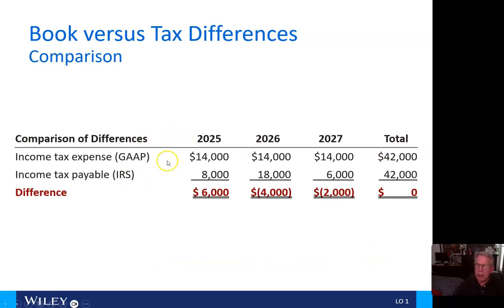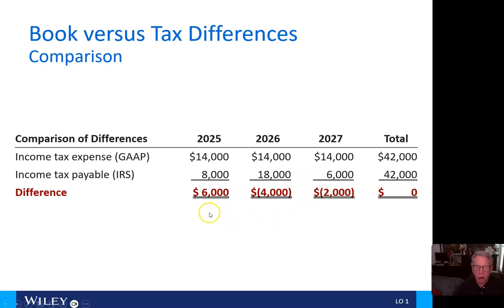Okay, if we compare those differences, income tax expense under GAAP is a stable $14,000 a year for 2025, 2026, and 2027. For income taxes payable, however, we have $8,000 in 2025, $18,000 in 2026, and $6,000 for 2027.